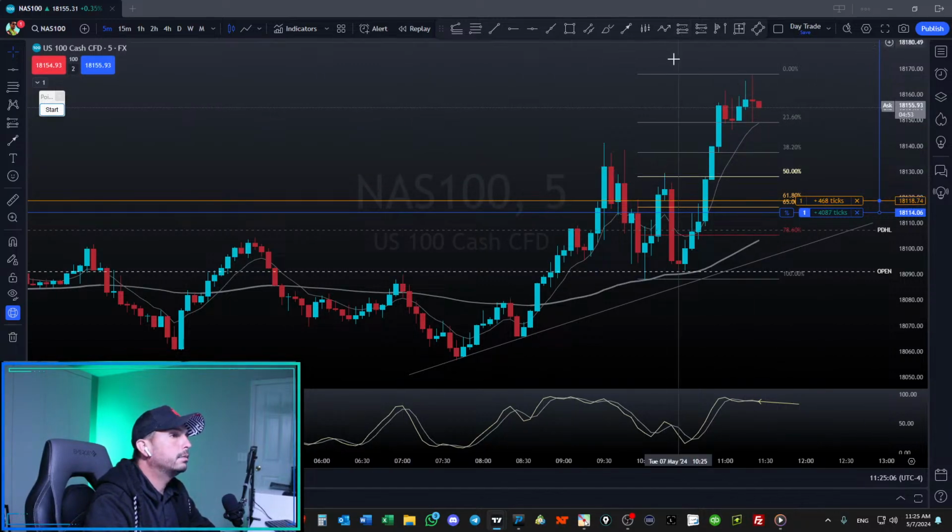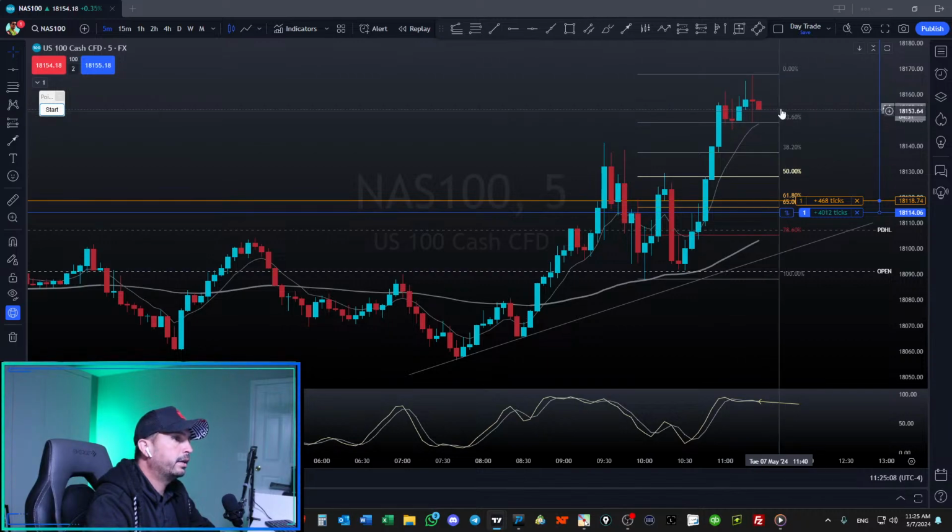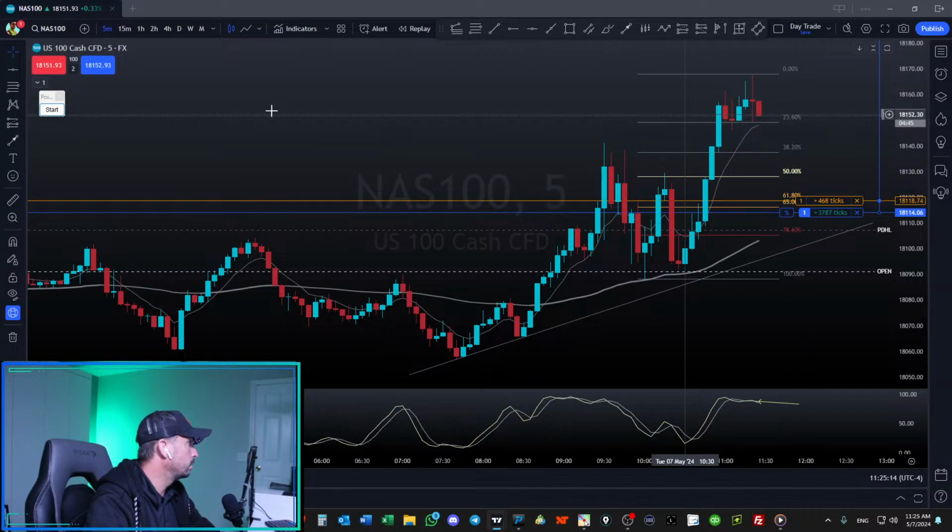All right, you rejected the 23. It's coming back down. Kind of want to put my stop right there. It's a trade that I kind of wanted to be out already. Was that a 2? Pretty much.